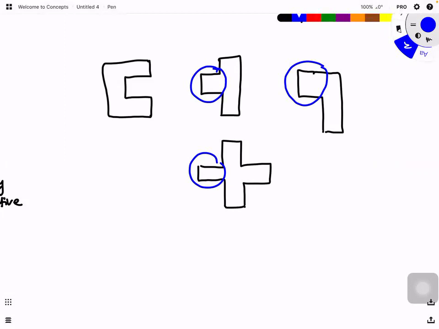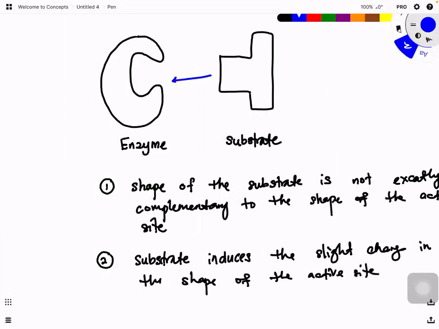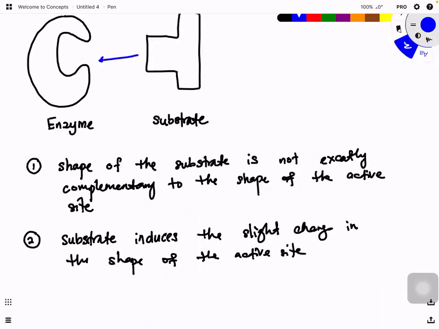So most of the enzymes, I mean, with the advanced technology, when we check and look at the enzyme, actually, most of the enzymes are not totally complementary. It's not exactly complementary. Only the correct substrate can induce the slight change in the shape of the active sites, making it now complementary.